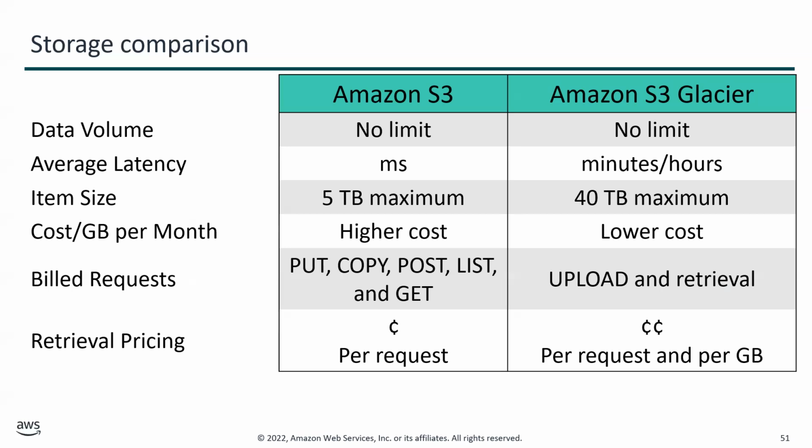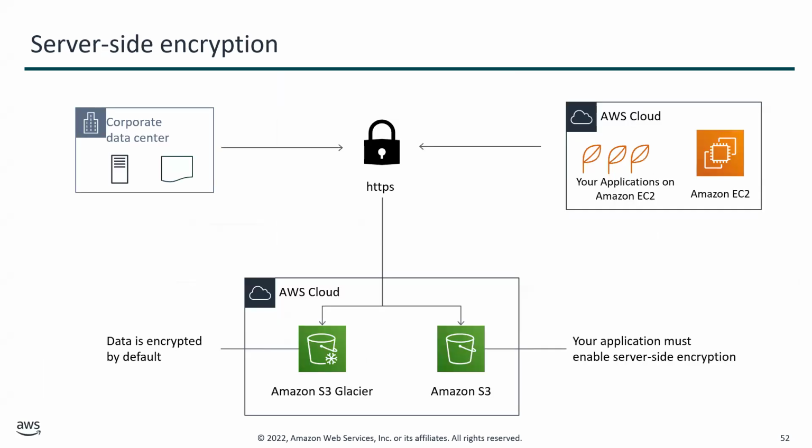Billed requests: put and copy will get charged here, upload and retrieval will get charged. Retrieval pricing is per request and per GB. We can use server-side encryption. That's TLS basically. So you have a corporate data center, and this is Amazon Cloud. Using HTTPS, you can access either of these buckets.